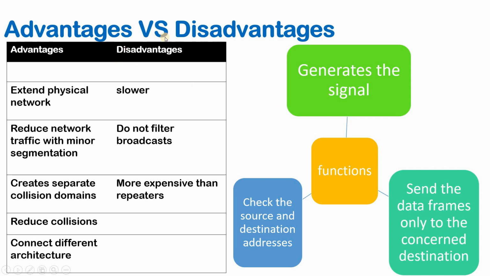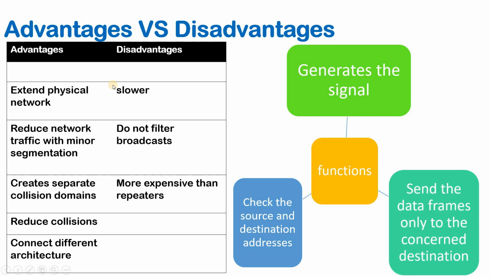The advantages and disadvantages of bridges: we use a bridge to extend the physical network, reduce network traffic with minor segmentation, create separate collision domains, reduce collisions and connect different architectures.